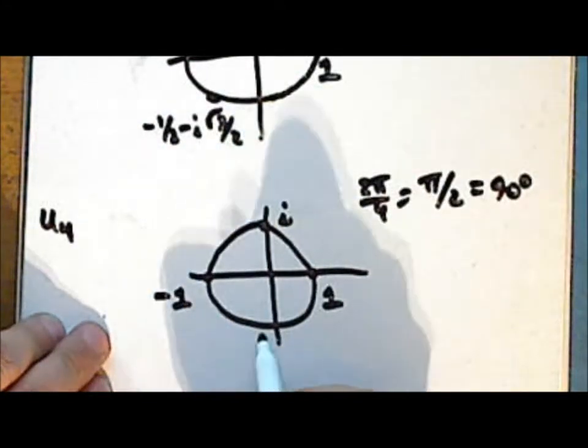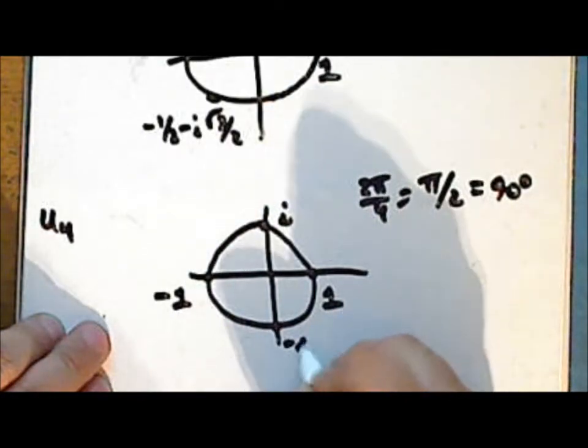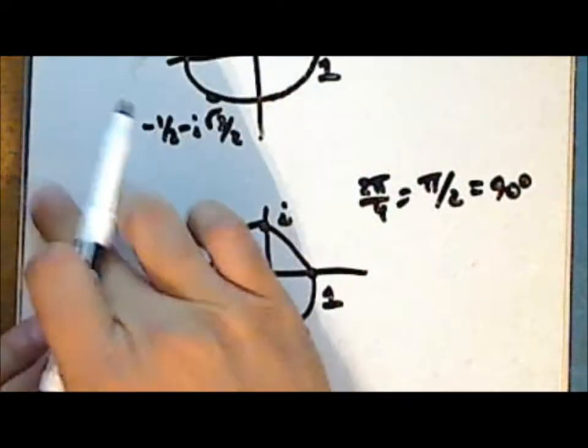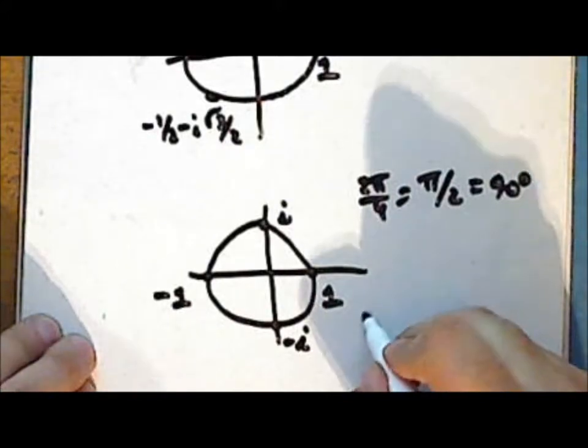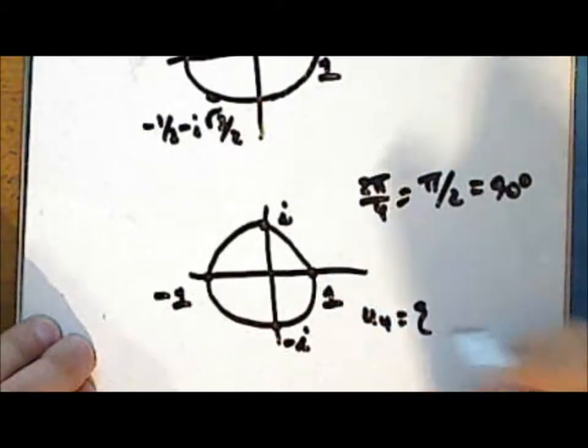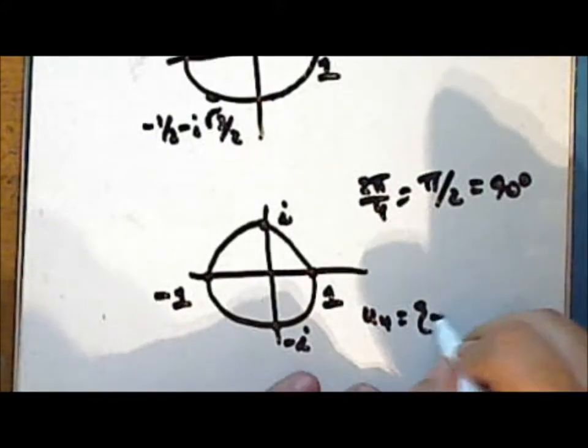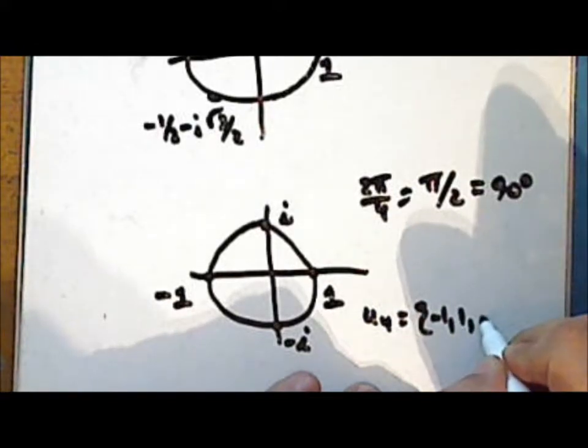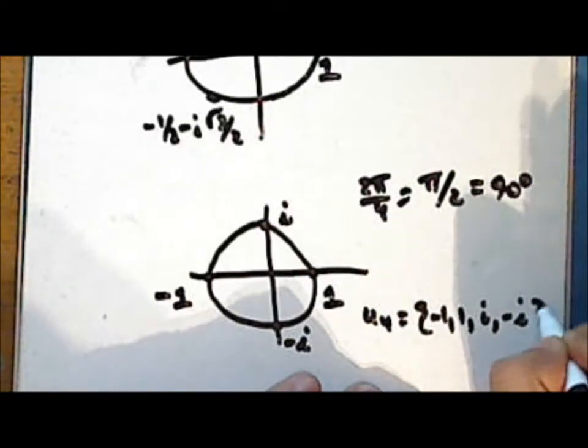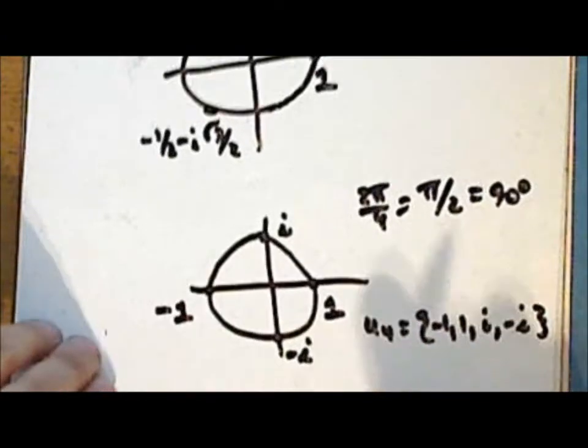And then 90 degrees from this, we have the number negative I. And so the set of fourth roots of unity is the set containing the numbers negative 1, 1, I, and negative I. All right?